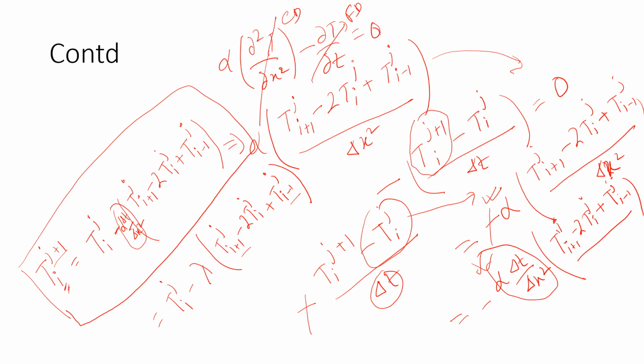So with the help of the temperatures at nodes i plus 1, i and i minus 1 at the initial time, we can know the temperature at node i after del T.